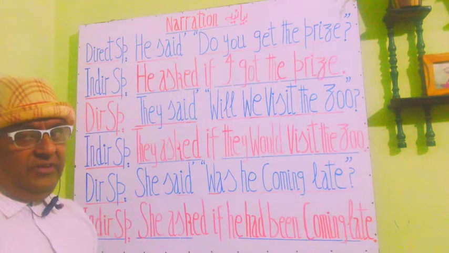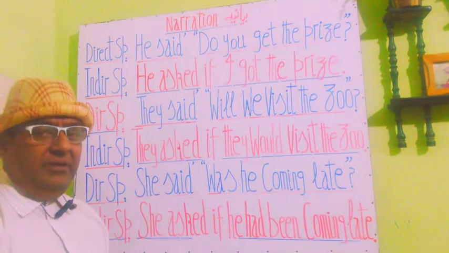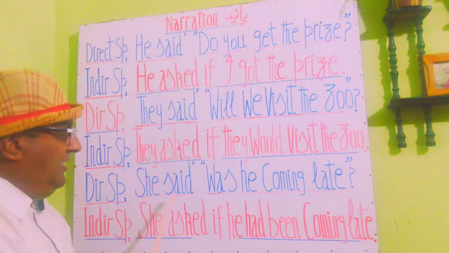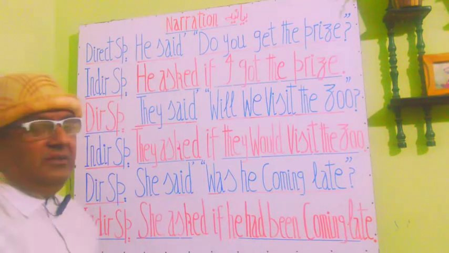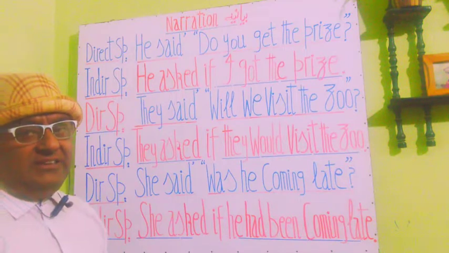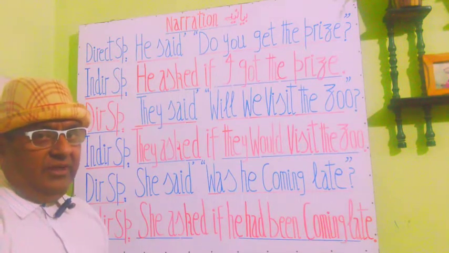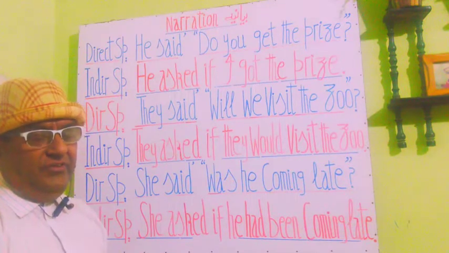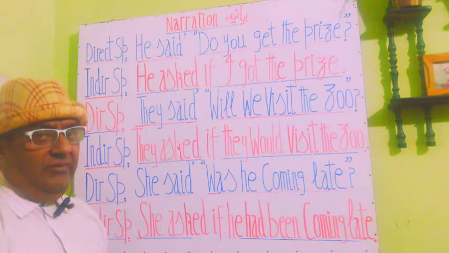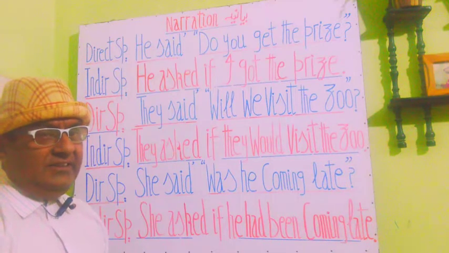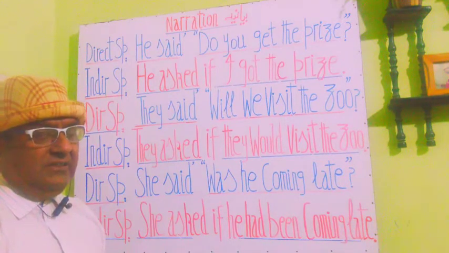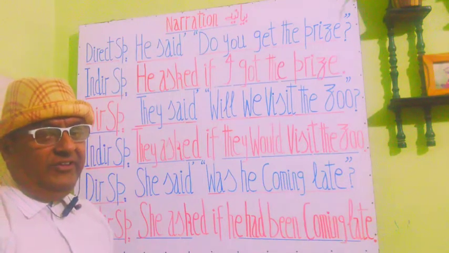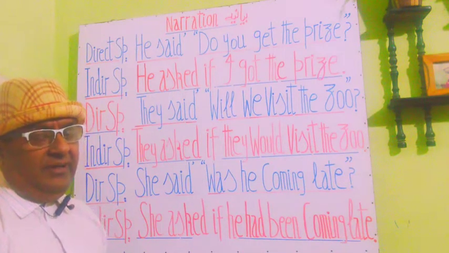You see, guys, the direct statement of this phrase is: she said, "Was he coming late?" That's the past continuous tense and a question. And you see its change in indirect speech: she asked if he had been coming late.